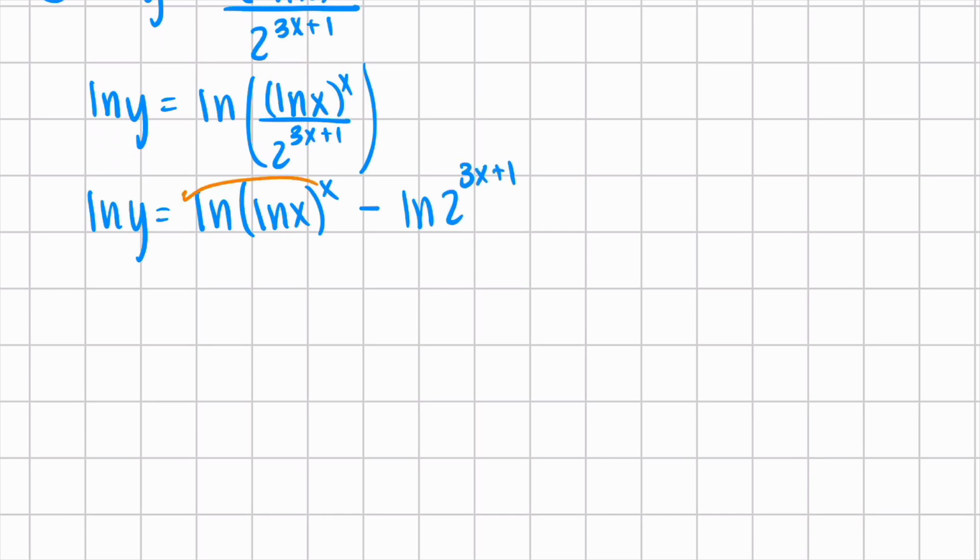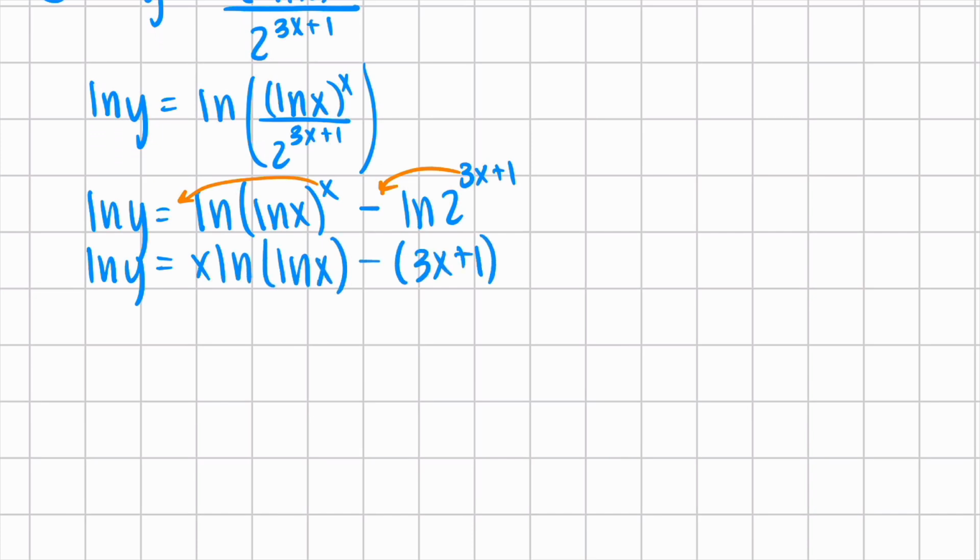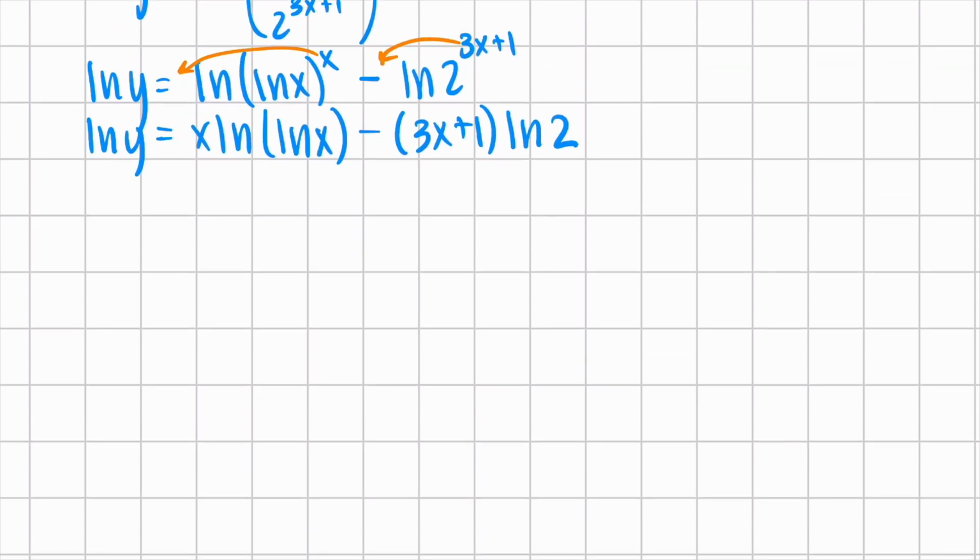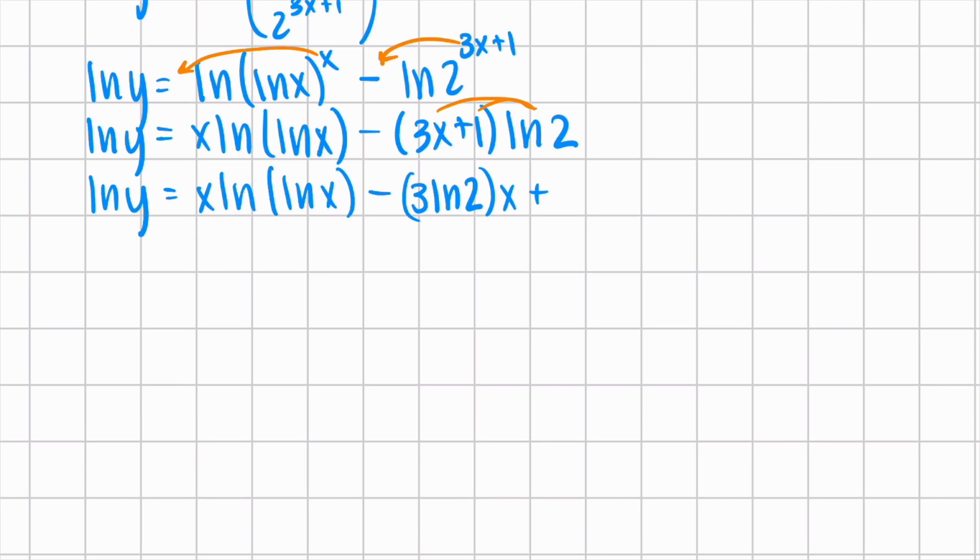I'm going to bring both those exponents out front. And then I'm also going to distribute this natural log of 2. Keep in mind that the natural log of 2 is just a constant. Minus natural log of 2.